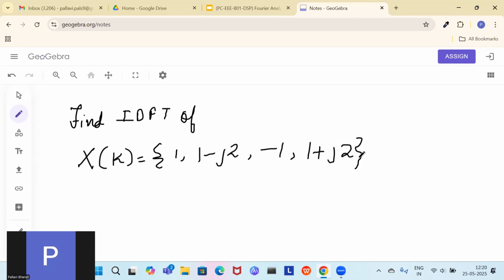What we have studied till now are the formulas for IDFT and DFT. Let us revise that part so that you are not having any confusion regarding the sequence given here. That is, the Fourier values are given, the value in the omega domain.